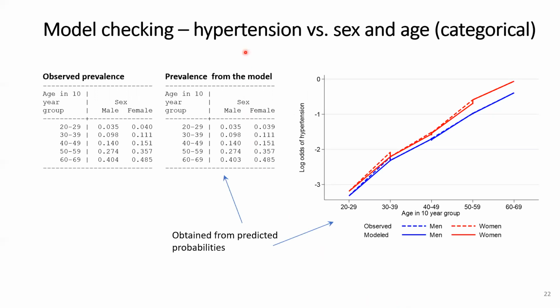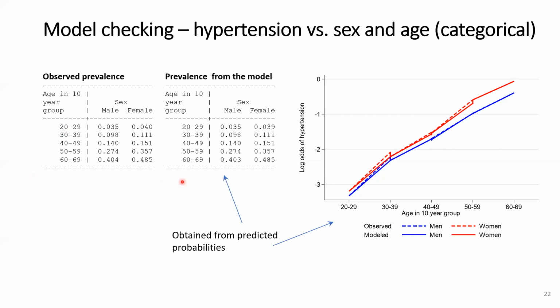So first of all, let's look at hypertension versus sex and age. Both of them are categorical. This table shows the observed prevalence at each combination of age and sex, from the data.